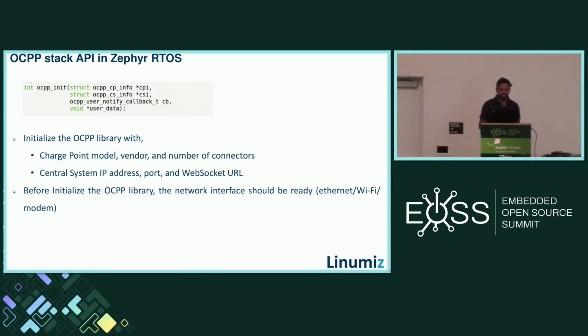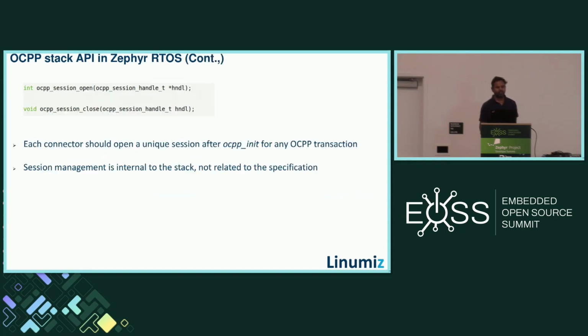Before initializing the OCPP library, the network interface should already be up and running, because once we call OCPP init, it will try to establish the socket connection with the central system, and then it sends the boot notification message. Then we have the pair of session handling APIs, OCPP session open and close.